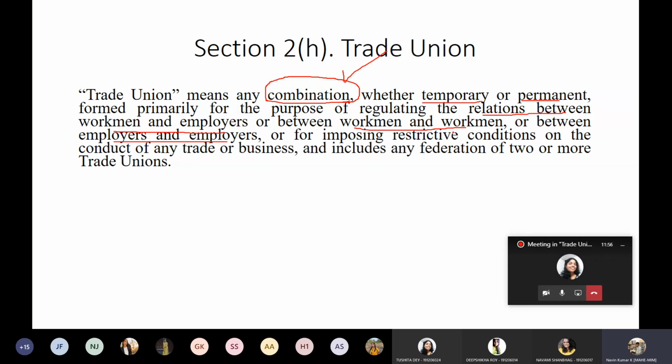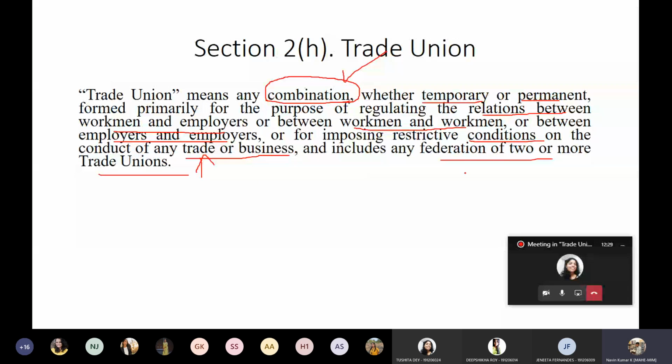So not only to regulate the relationship between workman and workman, or workman and employer, but also between employer and employer, and for imposing restrictive conditions on the conduct of any trade or business. I mean, the very purpose is to impose certain conditions on your trade or business, and it also includes a federation of two or more unions. Two or more unions join together and they may form one federation.